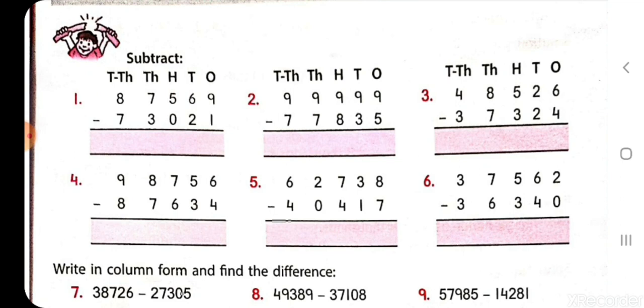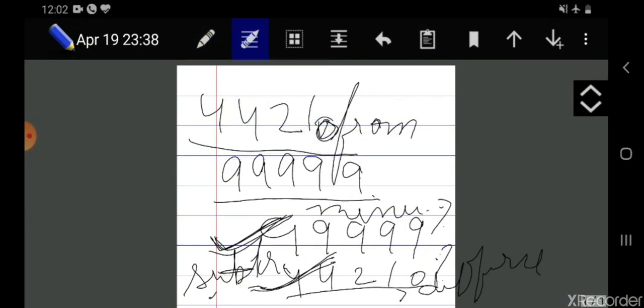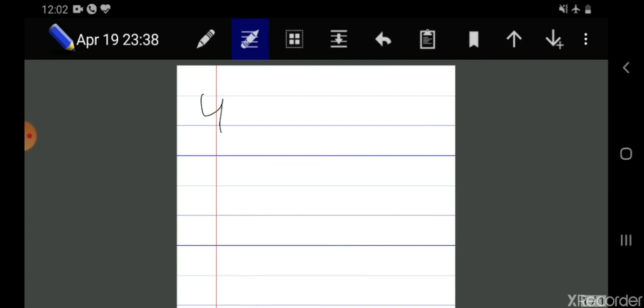Moving to the first question, we have to subtract 73,021 from 87,569. I'll show you again for a quick recall.